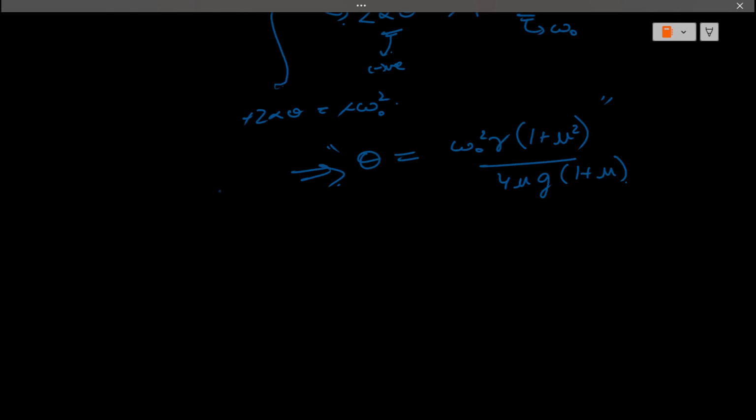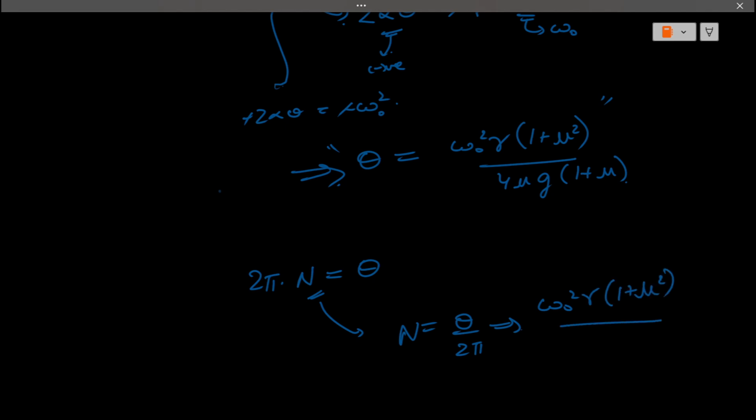Now in order to find the number of turns, we have 2 pi times the number of turns as theta, right? For the number of turns, we have theta over 2 pi. Hence the number of turns is omega naught squared times r times 1 plus mu squared by 8 pi mu g times 1 plus mu, right?